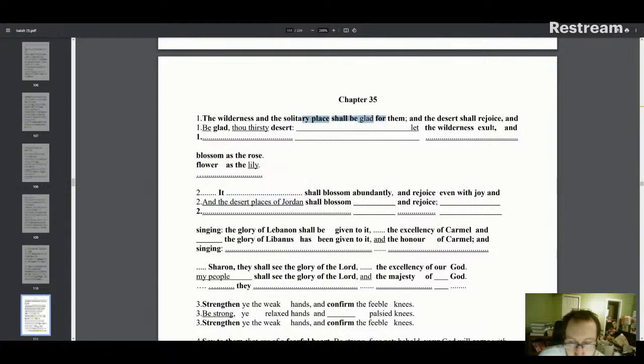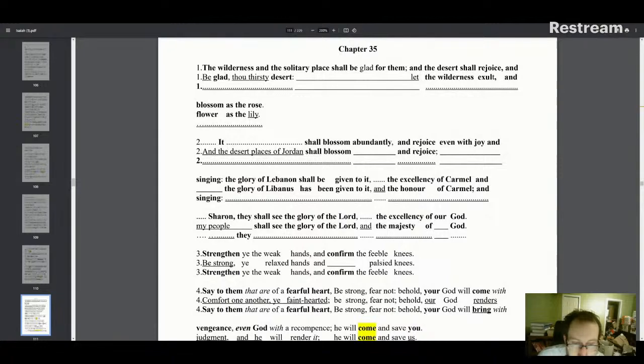That's not in the Septuagint, up back over here. And then we have even with joy and singing is not in the Septuagint. It appears the Septuagint is just condensing it like we saw before. And then we have Sharon versus my people in the Septuagint. An interesting variant there.